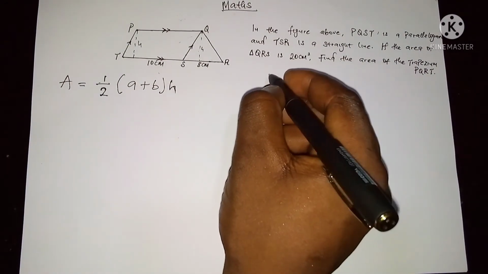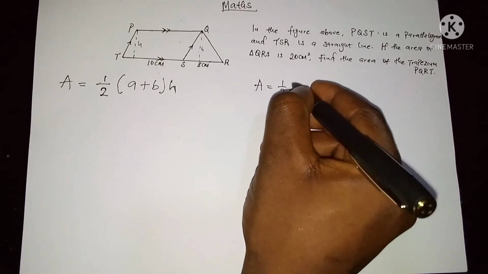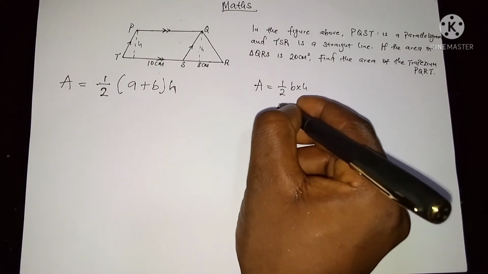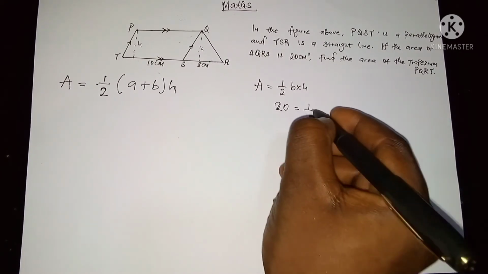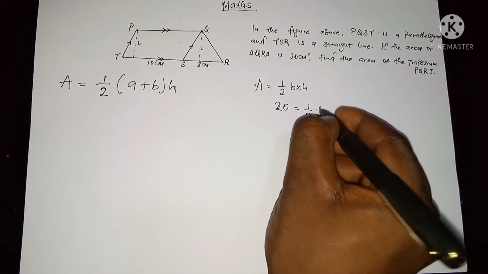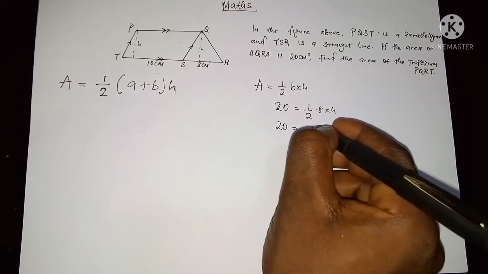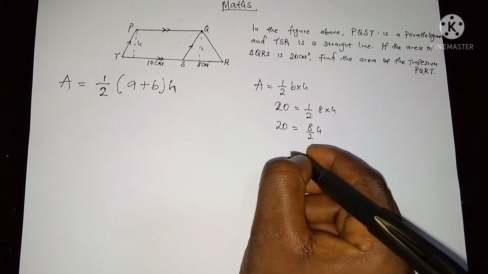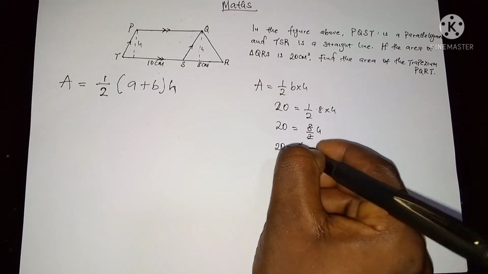Area equals half base times height, so 20 equals half times 8 times h, which is 20 equals 8 over 2 h. This gives 20 equals 4h.